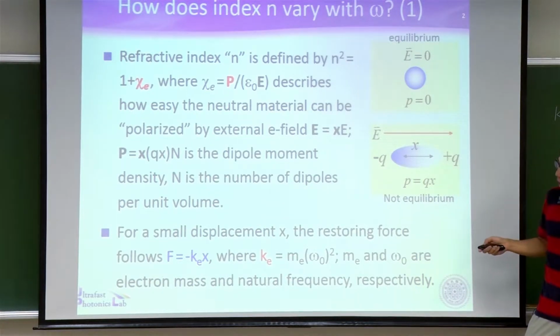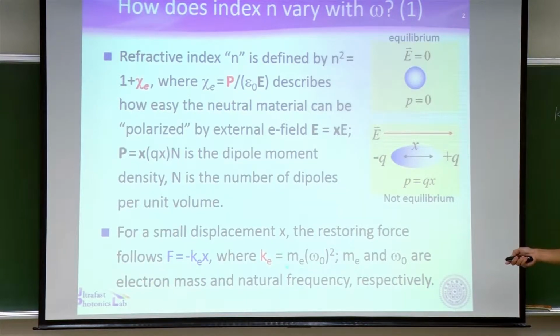And the restoring force follows Hooke's law: F equals minus Ke times x. Ke is an elastic constant. And Ke is modeled here as electron mass times resonance frequency squared. So if you see Hooke's law, it means harmonic oscillator, right?